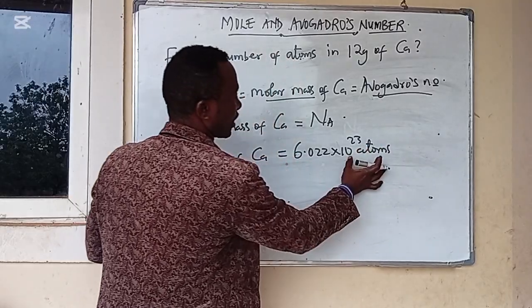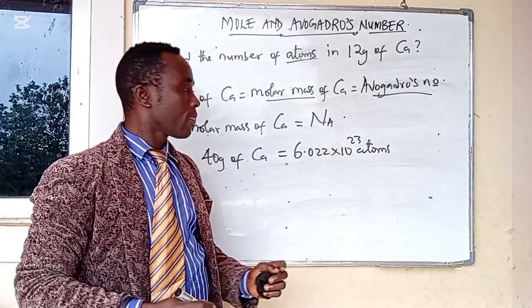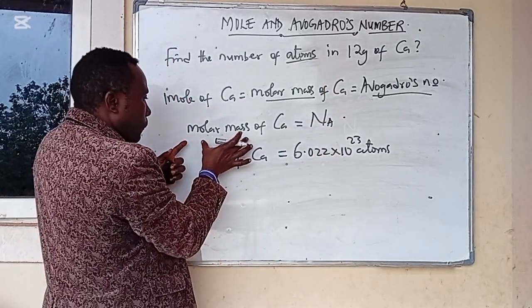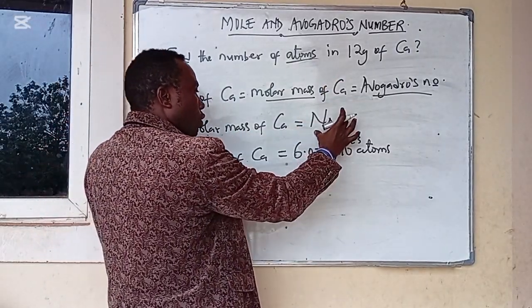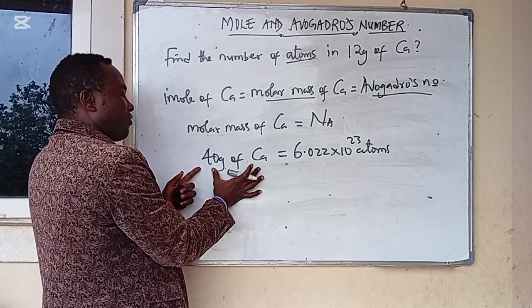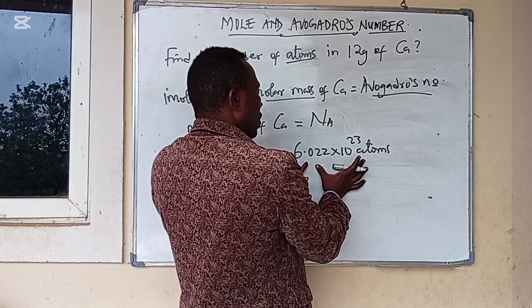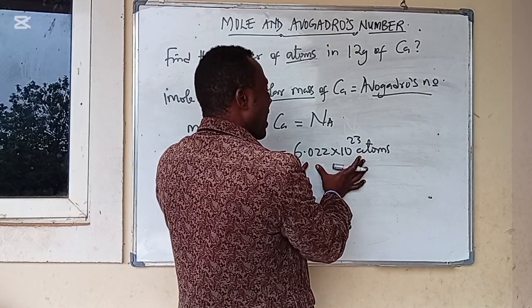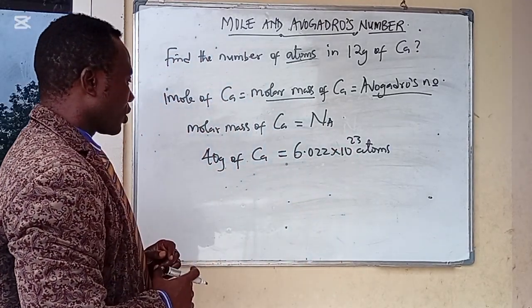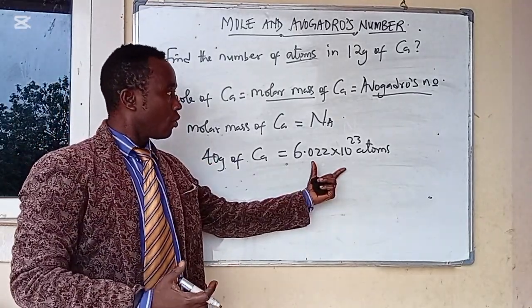The particles we are talking about now are atoms, because they say find the number of atoms. So 40 gram of calcium contains 6.022 times 10 raised to power 23 atoms of calcium.